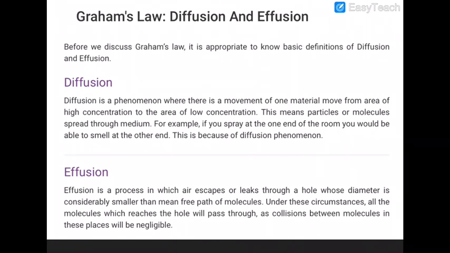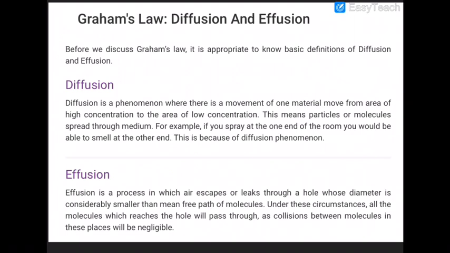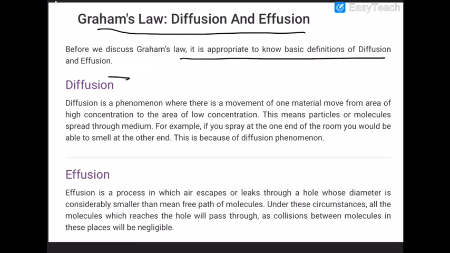Now we will go back to Graham's law of diffusion. Okay, what is Graham's law of diffusion? Before discussing that law, first we will have to understand what diffusion is.